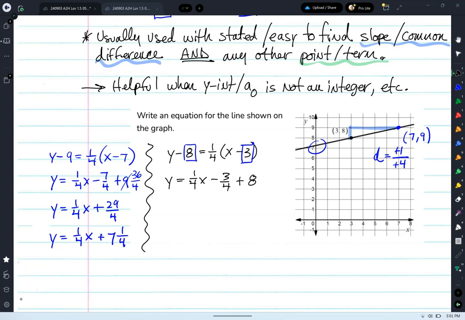Okay, good. We put the -3/4 and the 8 together. We don't really need to put that into a fourths number, do we? I mean, we could take 75 cents off of $8. What's 75 cents off of $8? 7 1/4. So it's y equals 1/4 x plus 7 1/4.